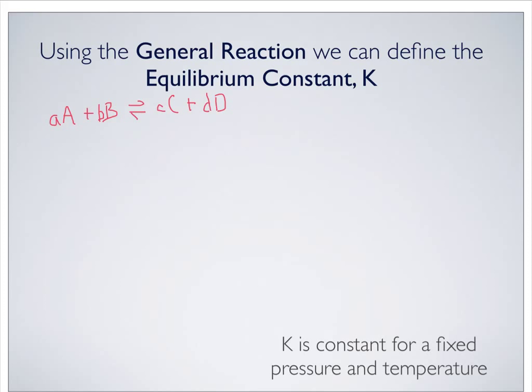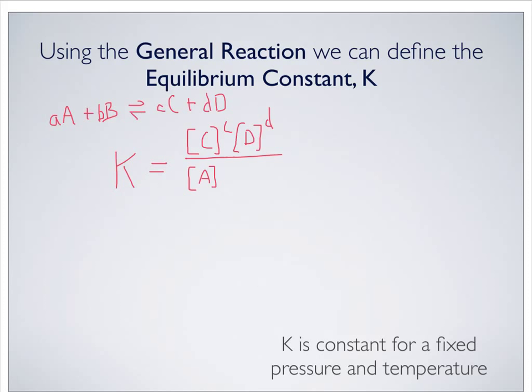So what does all of that mean actually in written form? We're going to take this general reaction, we're going to define our equilibrium constant K, and that's going to be equal to the concentrations of our products, so capital C, raised to its stoichiometric coefficient, lowercase c, product D raised to its stoichiometric coefficient, lowercase d, divided by the products.